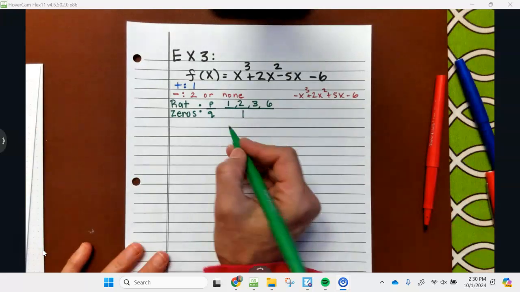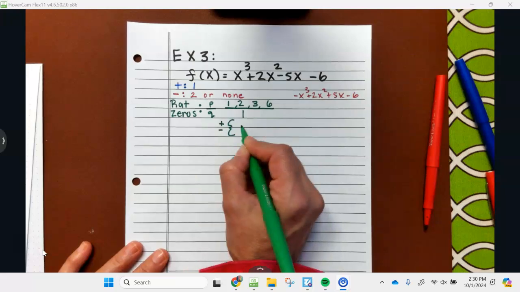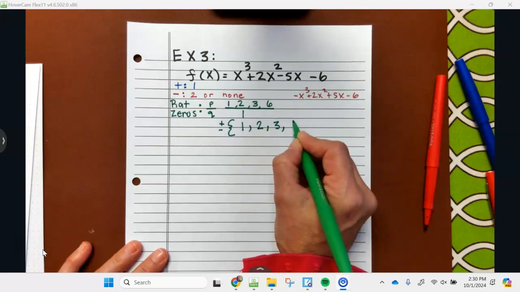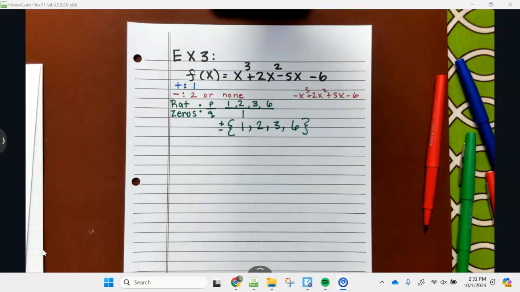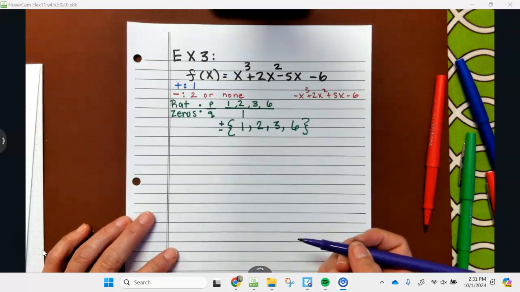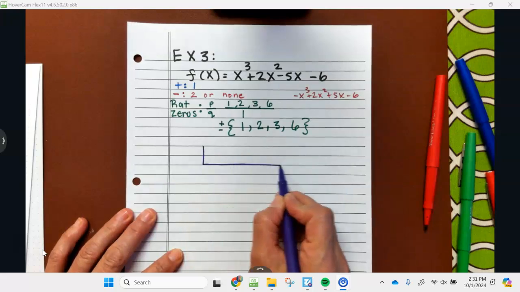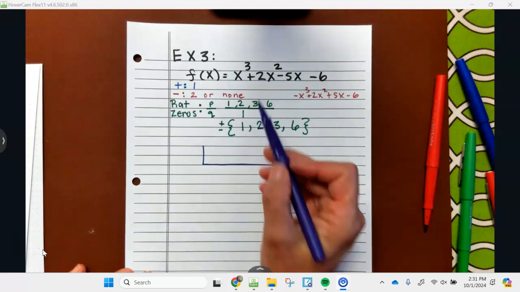So again, guys, your answer bank are all the positive and negatives for 1, 2, 3, and 6. Y'all have time to guess and check. The only way we can do that is through division, the easiest way.